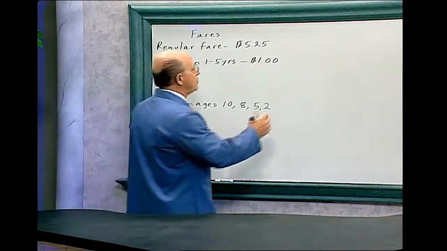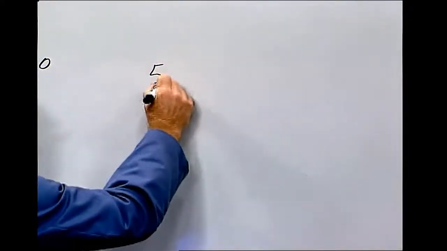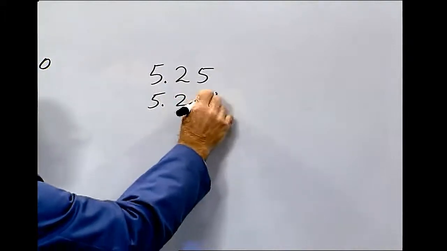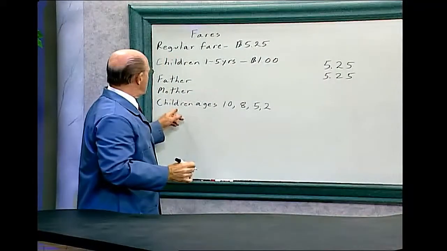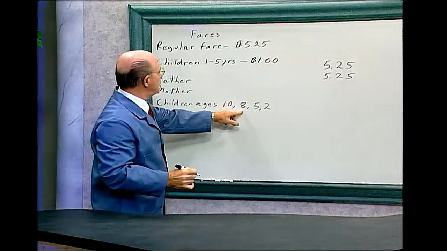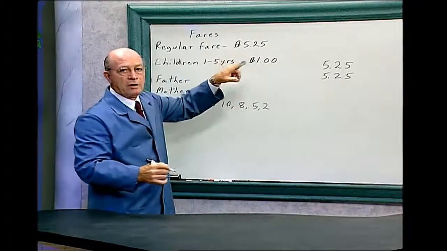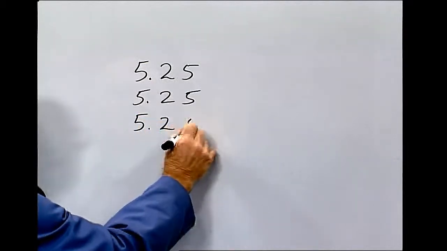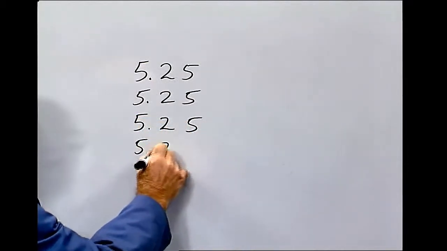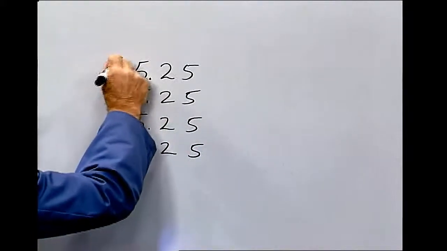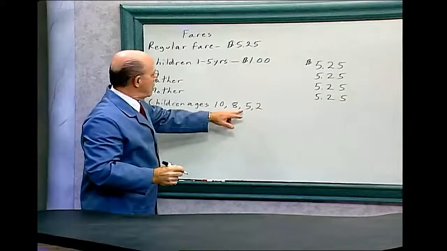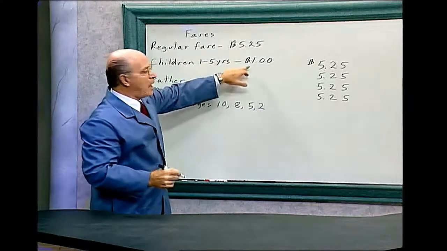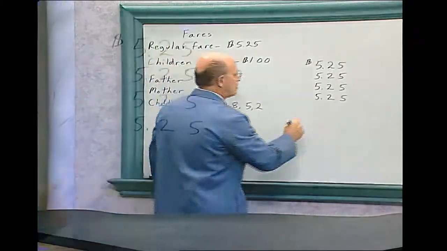Father and mother, they cost $5.25 each. The children ages 10 and 8 also have to pay regular fare, so they also pay $5.25. And the 2 children ages 5 and 2 have to pay just $1.